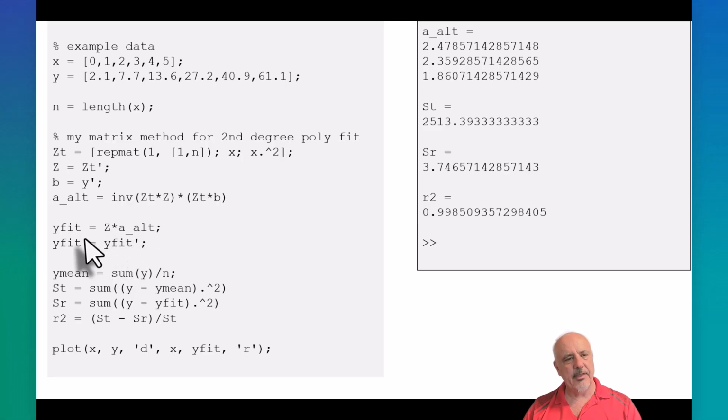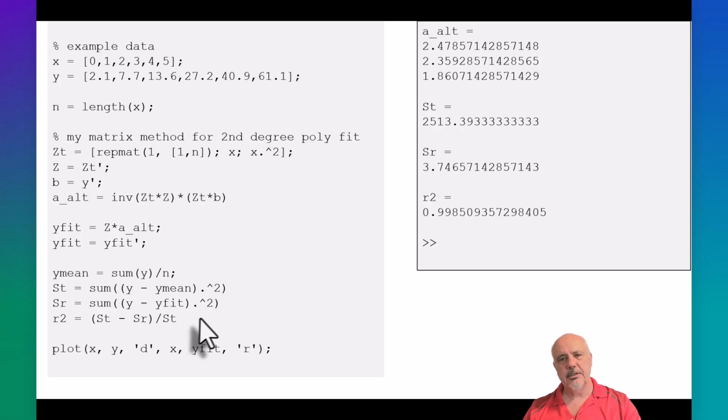That's going to be a column, so I made it a row so that I could figure out how that fit relates. So I could go Y minus Y fit, each one squared, and then sum them. That's going to be the sum of squares of residuals for my fitted data, the parabola. And this is going to be the sum of squares of the data relative to the mean.